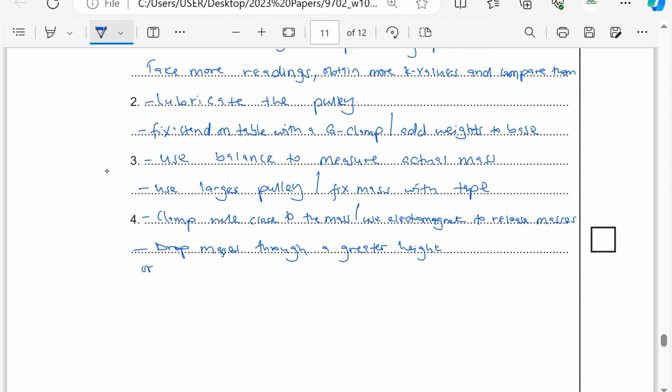Alternatively, we would use light gates with a timer to measure that time. Alternatively, we would use a motion sensor, placed below the masses, with a data logger, which will help in measuring the time.